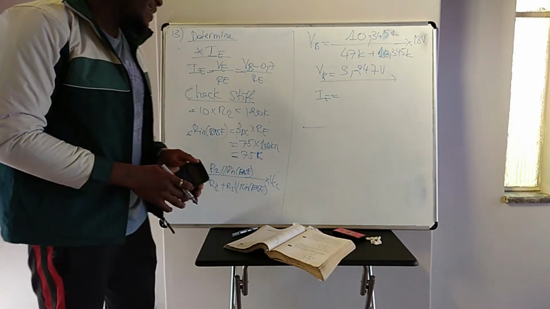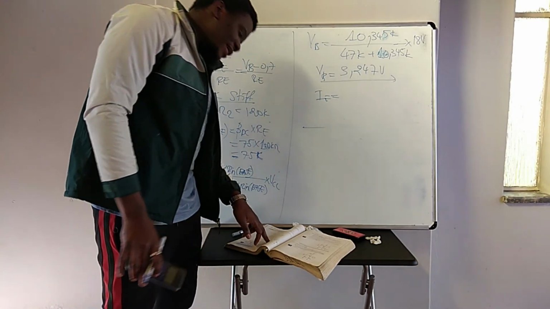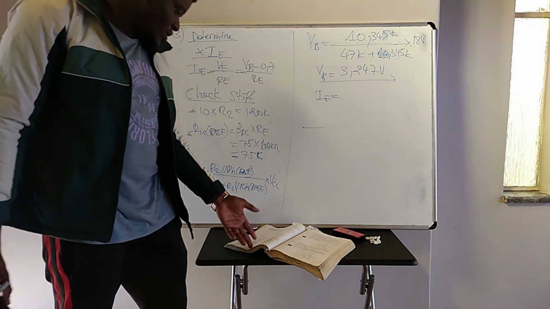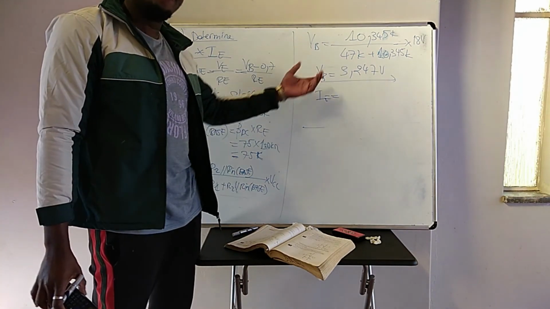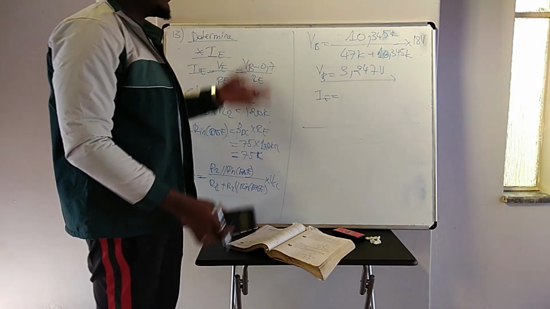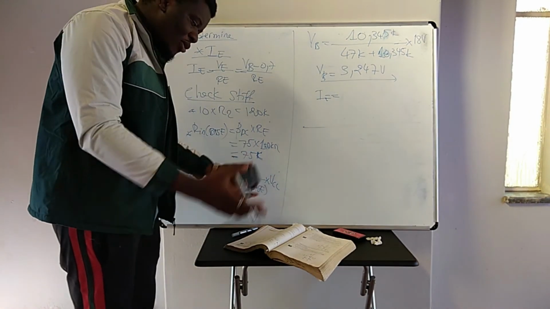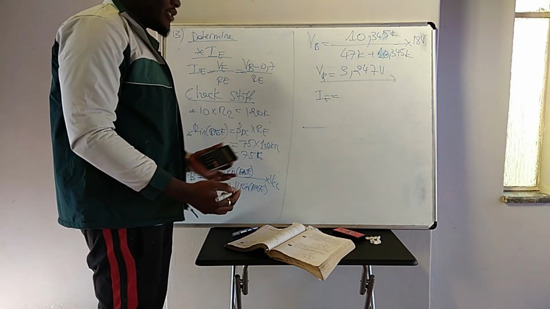So guys, you can see, before I go to VB, I already calculated VB, which is this one. What I was supposed to do in this question was start by calculating VB, and then go straight. So question 1 actually pushes you already to calculate most of the things that they ask you.